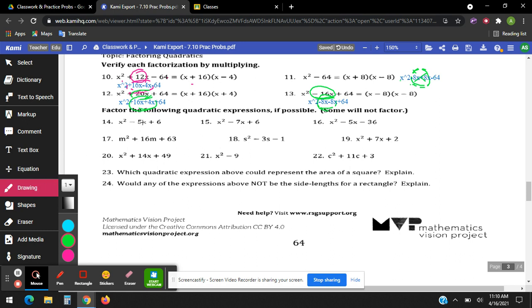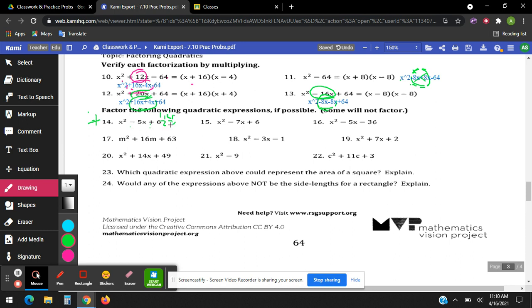14, we have the two factors of 6: 1 and 6, 2 and 3. So it's a plus here and a minus here, so we're going to add. I'll just do a plus. We're going to add because it's got to be the same, got to be negative.